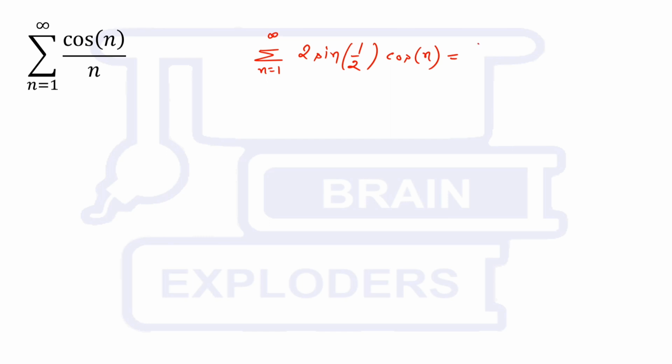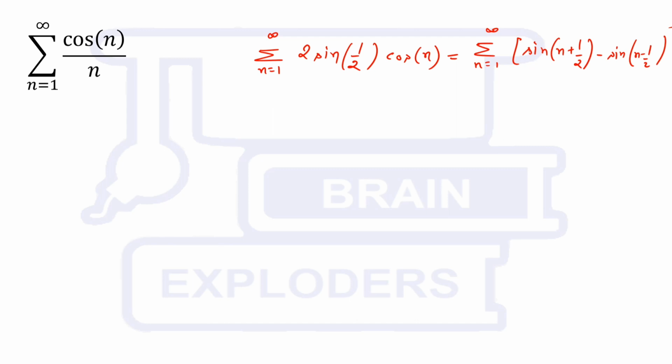So it can be written as summation n equals 1 to infinity of sine (n plus 1 by 2) minus sine (n minus 1 by 2).